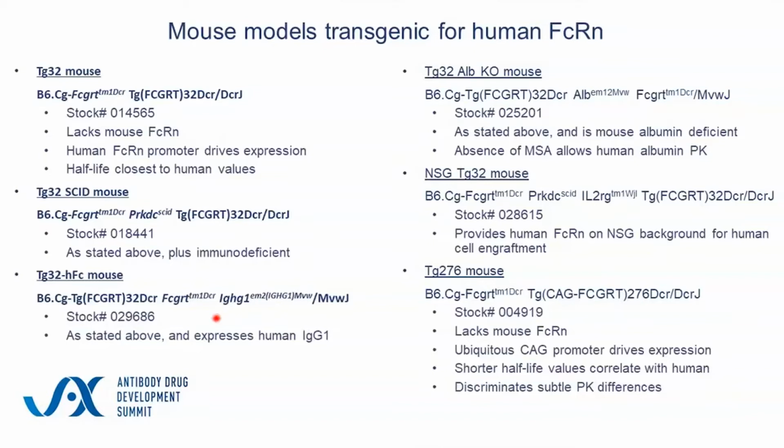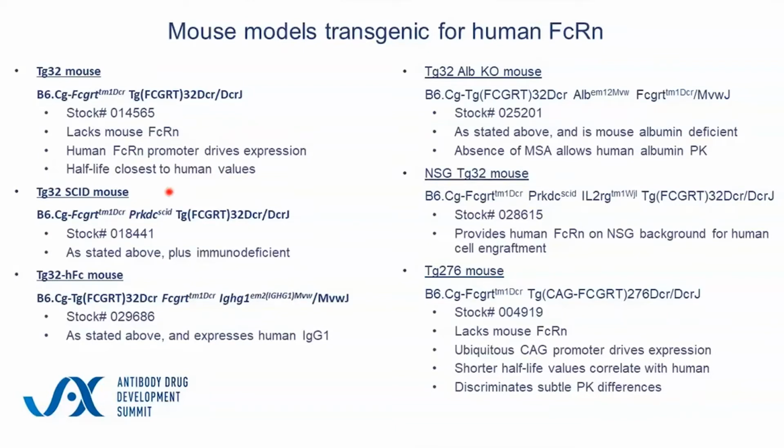Up the top left is the TG32 mouse, and it lacks mouse FcRn, and it has a human FcRn promoter that's driving the expression, and it yields half-life that's closest to the human values. And I'll show some data on how well it correlates to non-human primate and human data.